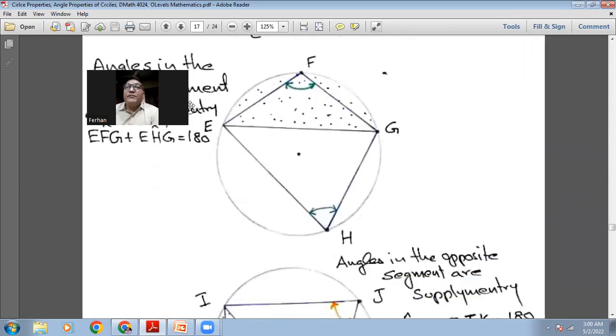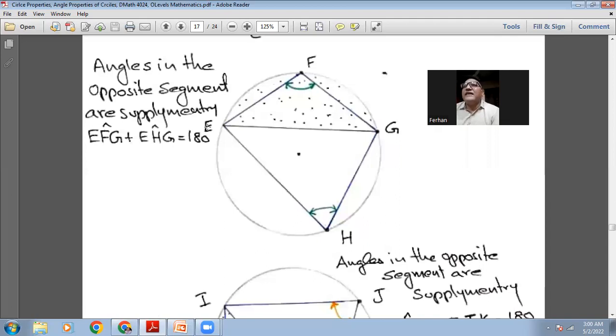Okay, here is another example on the same property. For example, EG is a chord, and you join the ends of this chord with a point on the circumference in the minor segment and a point on the circumference in the major segment. So this point F is in this segment on the circumference, and point H is in this segment on the circumference.